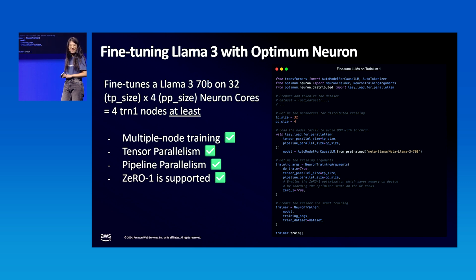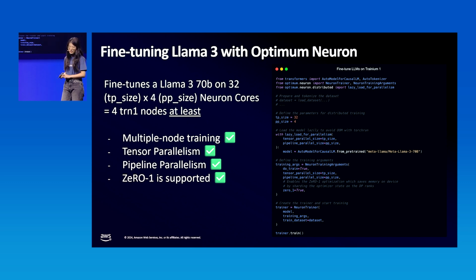For those who have already used Transformers, do you have any idea about the Trainer API? If you have, please raise your hand. OK, awesome. So basically, the Neuron Trainer is the Neuron version of Trainer in our Transformers library. The Trainer API is a class that fully manages the training and evaluation loop.